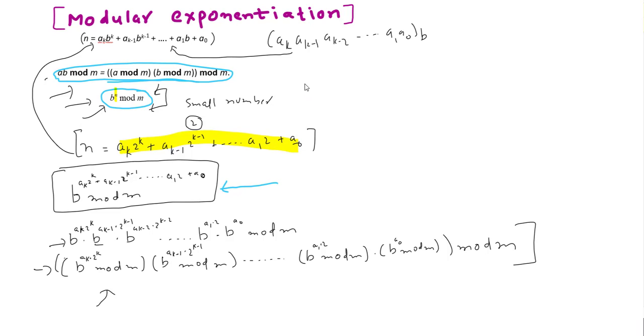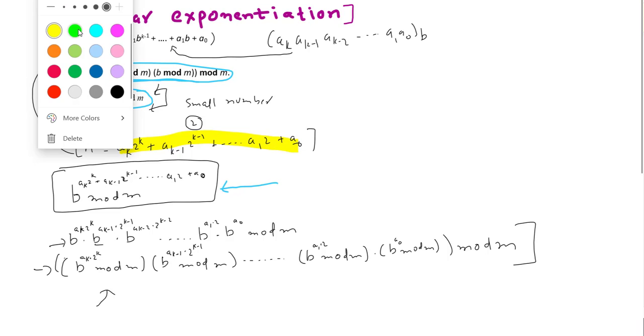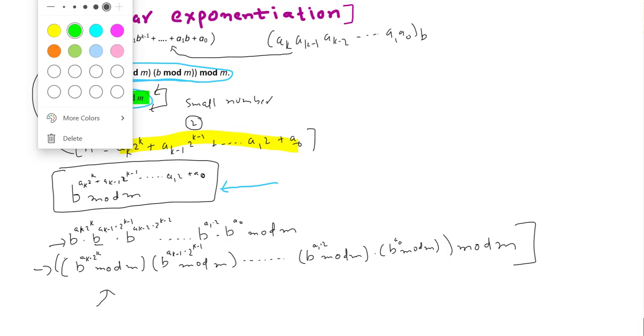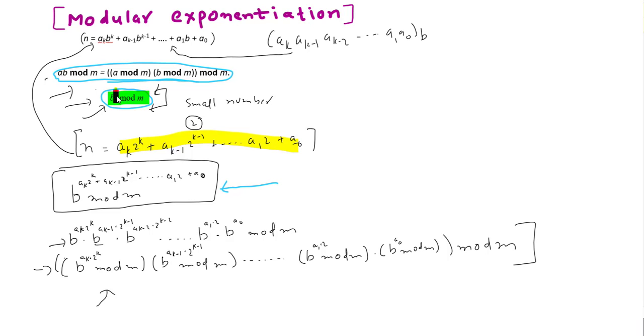What we discussed in particular was that if we are given something like this, b raised to the power n mod m, and if the numbers are bigger, to make it much simpler, what we can do is the binary expansion of n.